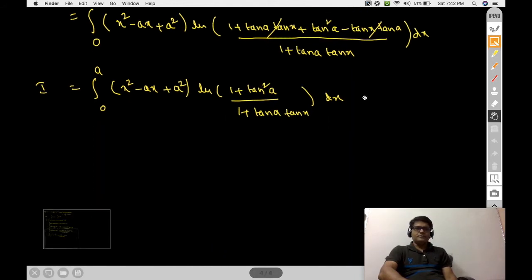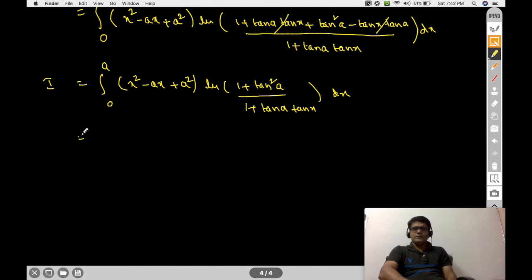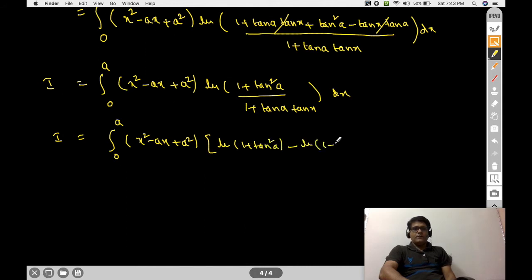So here I is equal to integration of 0 to a, x square minus ax plus a square, into ln of 1 plus tan square a minus ln of 1 plus tan a tan x, dx.